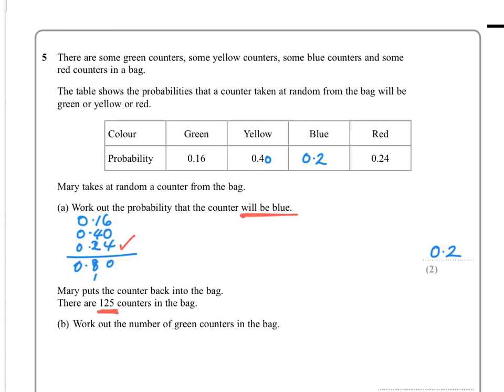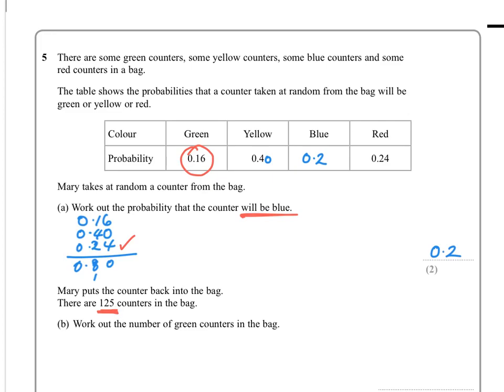Work out the number of green counters in the bag. Well, the probability of choosing a green counter would be 0.16. So no matter how many counters you chose from the bag, be it 10, 100, million, you would always have 0.16 chance of choosing a green.